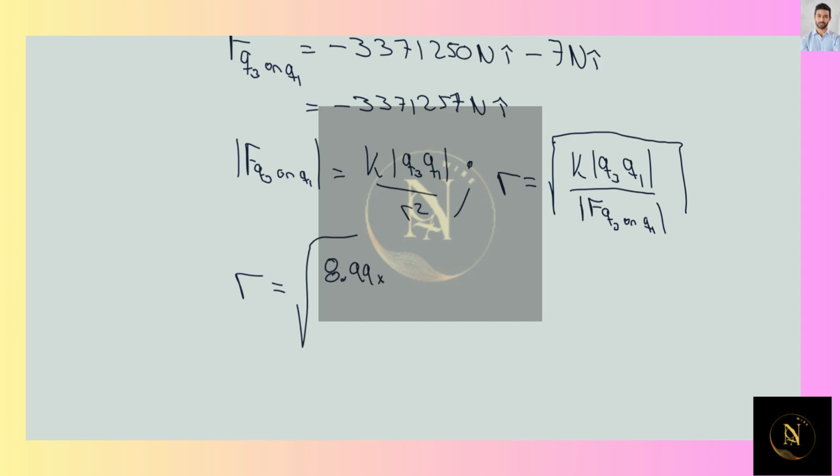of 8.99 times 10 to the 9 Newton meter squared over Coulomb squared, times the charge 3, which corresponds to 8 millicoulombs, so 8 times 10 to the minus 3 coulombs, times the charge 1, that is 3 times 10 to the minus 3 coulombs.